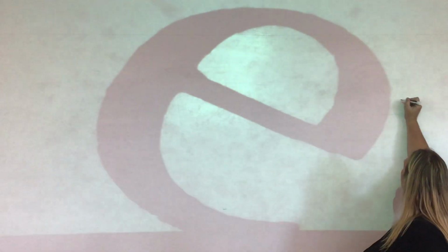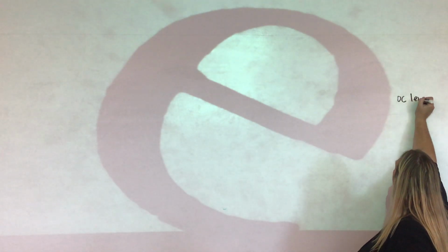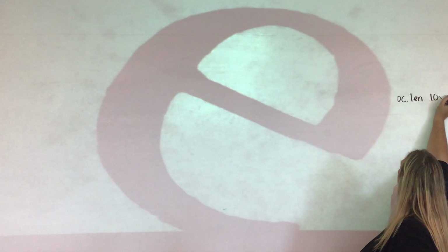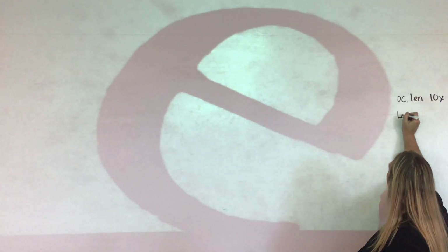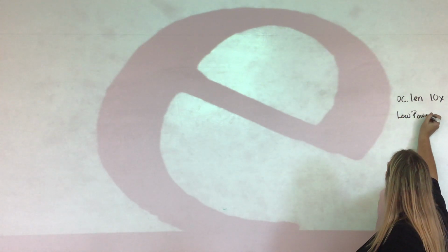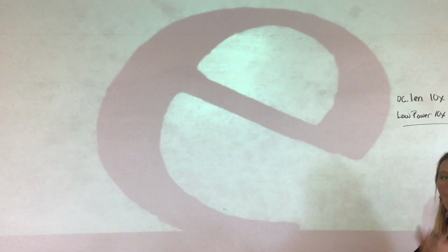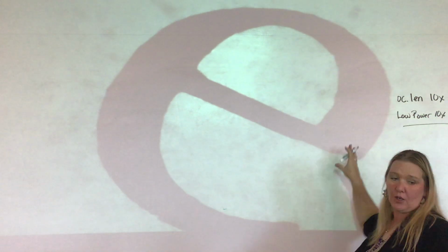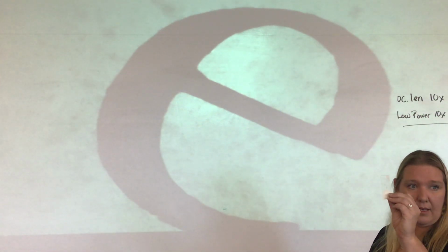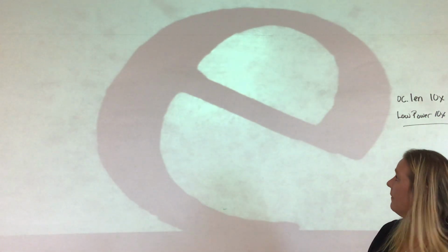I know it's off the screen, but I didn't move anything, but we can see it's much bigger. The ocular lens is 10x, and the low power is 10x. Total magnification, 100. 100 times bigger than if I looked at it with my unaided eye on the slide.